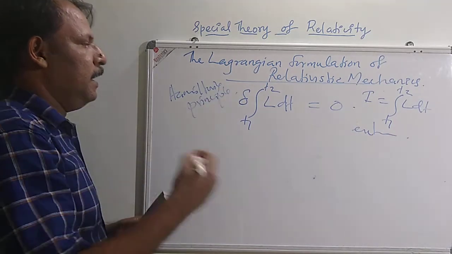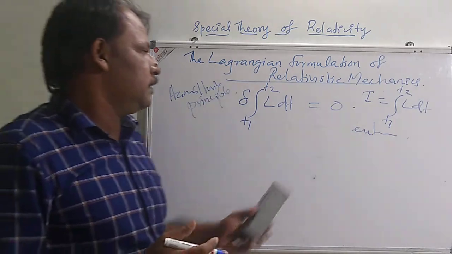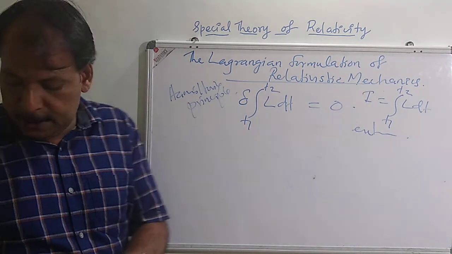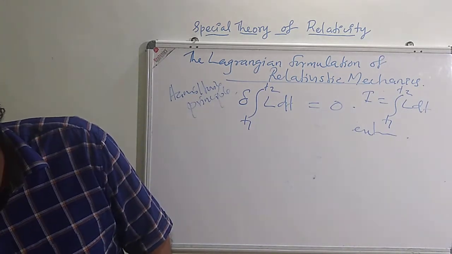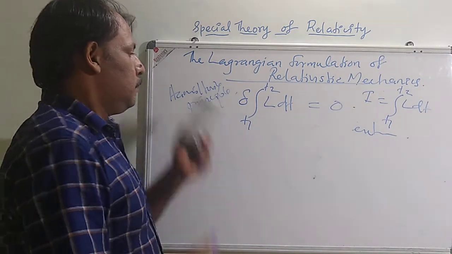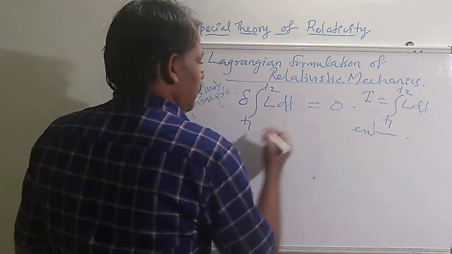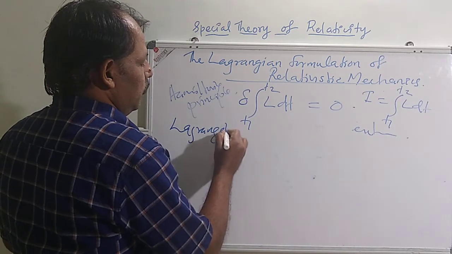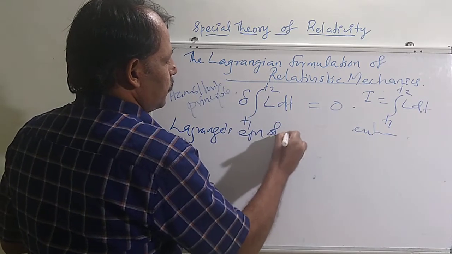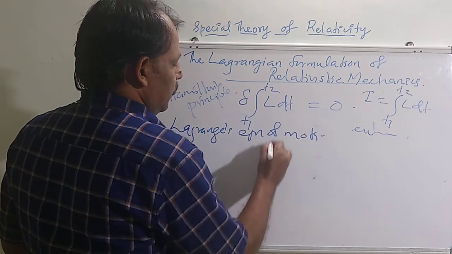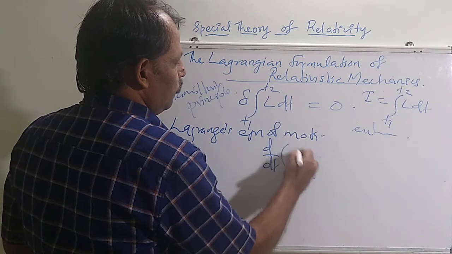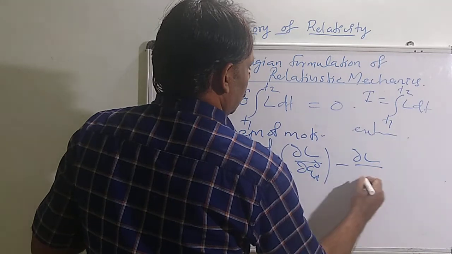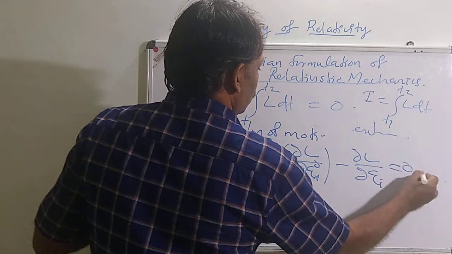Now we will find a suitable Lagrangian which obeys this Hamilton's principle. If it obeys Hamilton's principle, then it should satisfy the Lagrange equation of motion: d by dt of dou L by dou qi dot minus dou L by dou qi equal to 0.